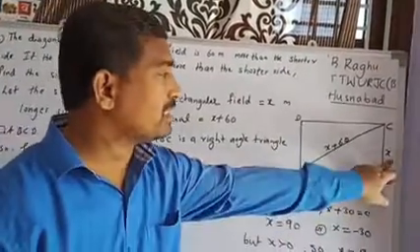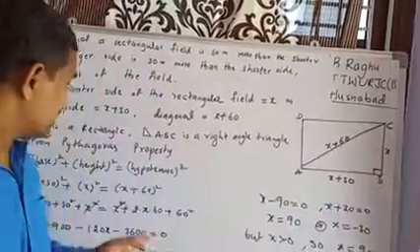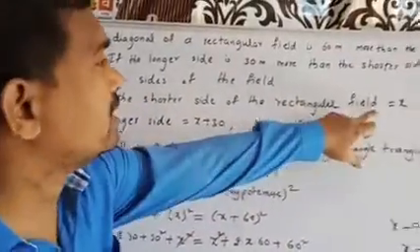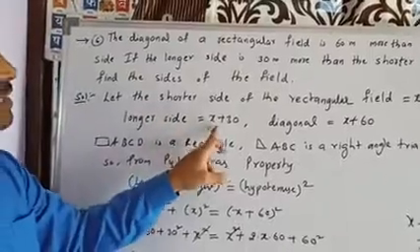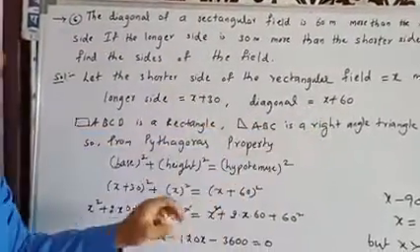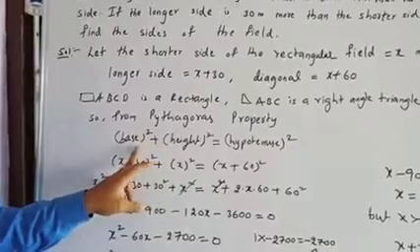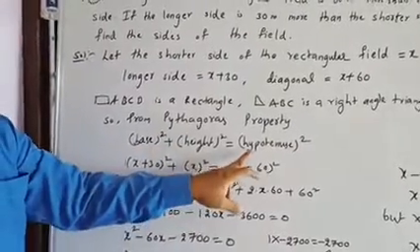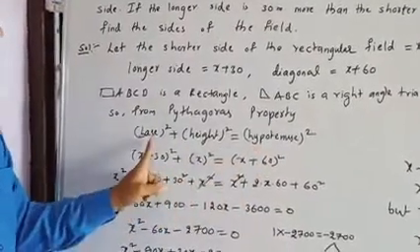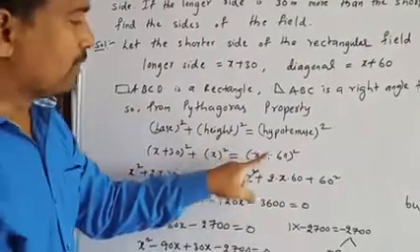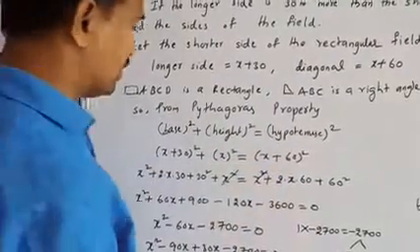Base square plus height square equals hypotenuse square. The shorter side is x, the longer side x plus 30, the diagonal x plus 60. ABC is a right angle triangle, so base square plus height square equals hypotenuse square. The base is x plus 30 whole square, the height x square, the hypotenuse x plus 60 whole square.